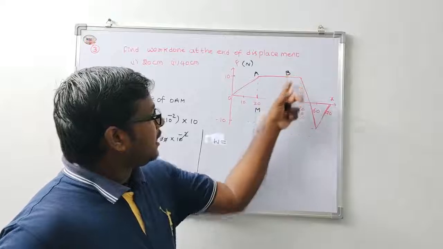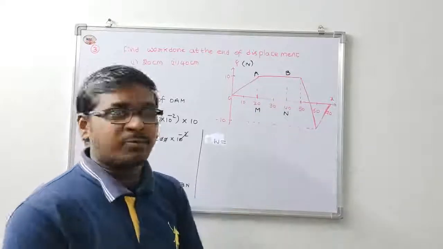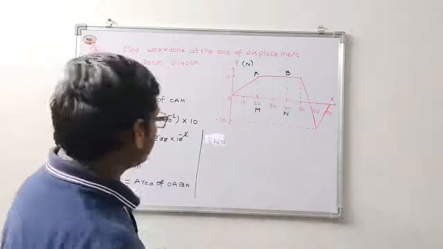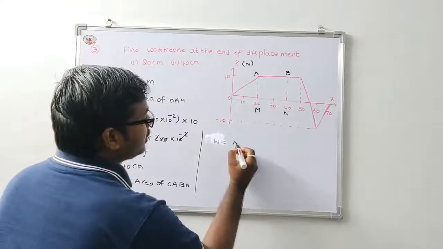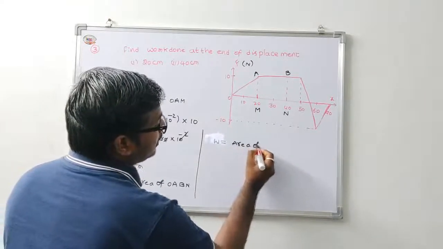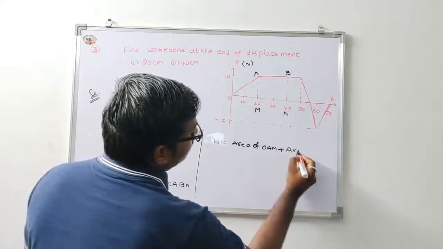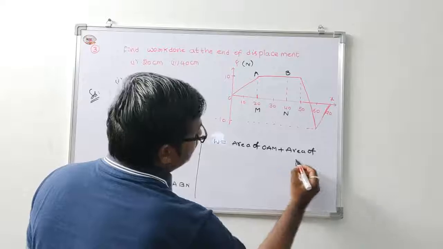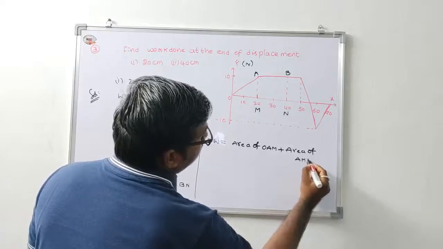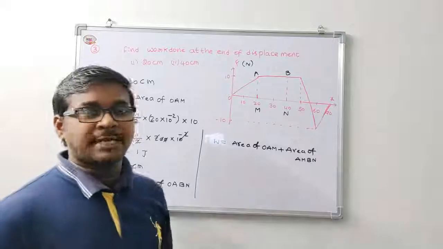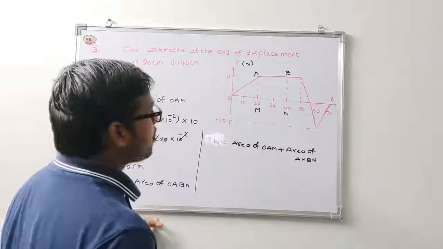Next, ABMN, this is the second body. The first one is the triangular shape, the second one is the rectangle shape. So it is a very simple problem, students. Area of OAM plus area of AMBN. The first is a triangular shape, the second is a rectangle shape.